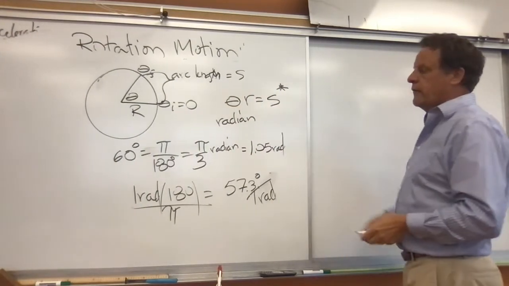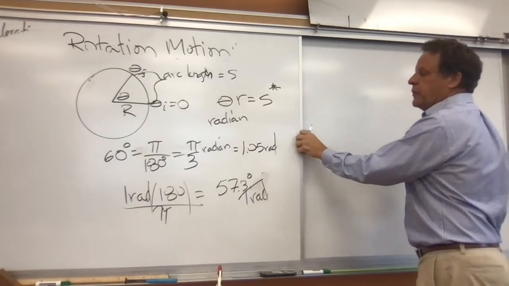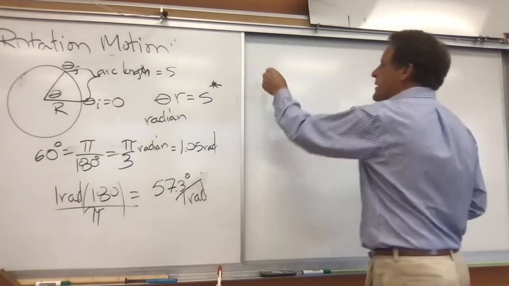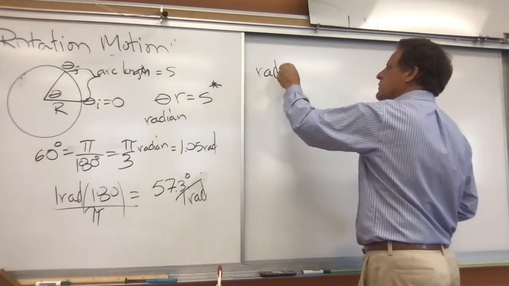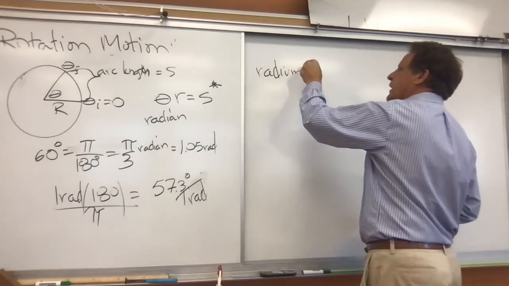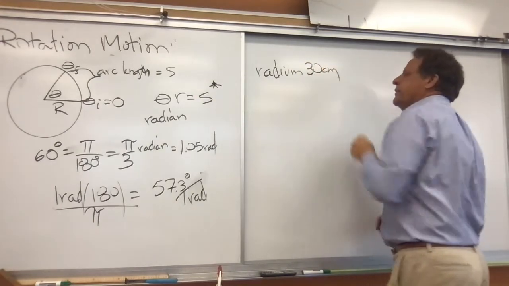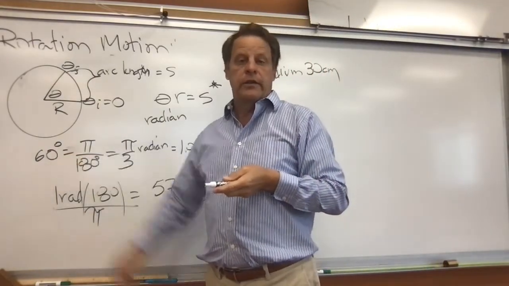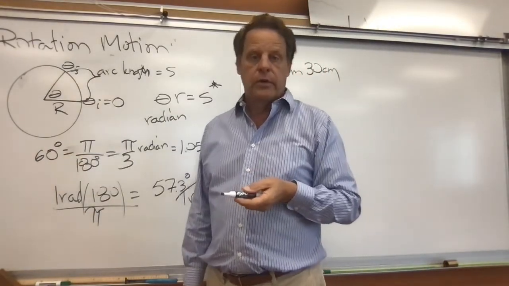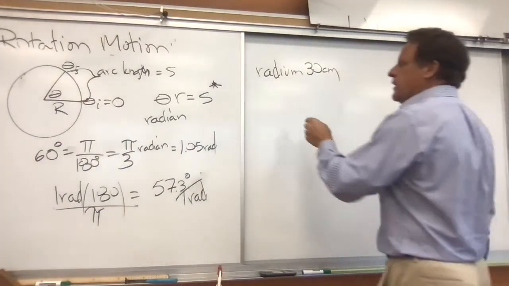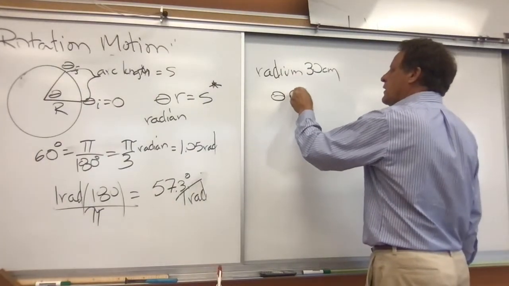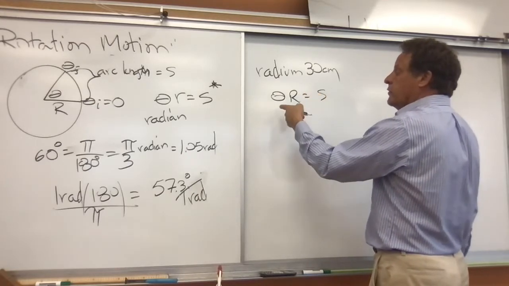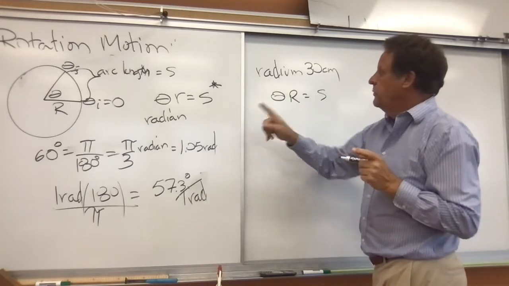For example, if we had a radius of 30 centimeters and we wanted to know the arc length for 60 degrees, we would take theta r, which equals our arc length. We would not put in 60 degrees here.